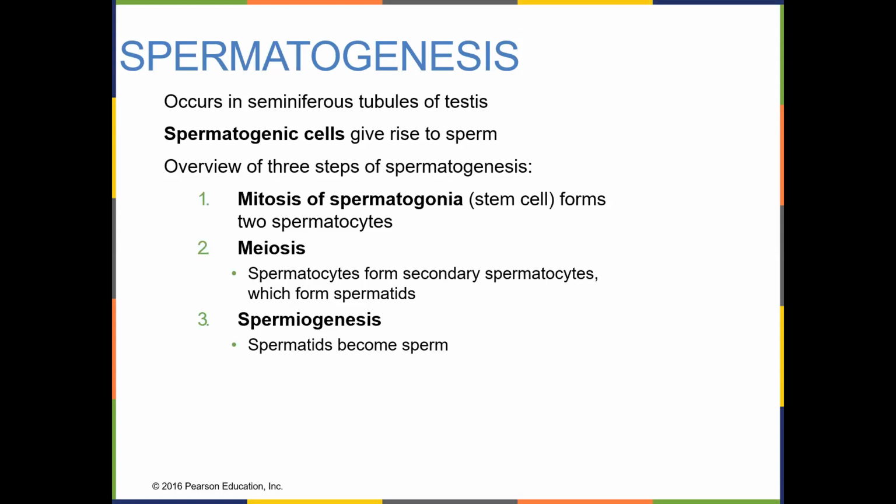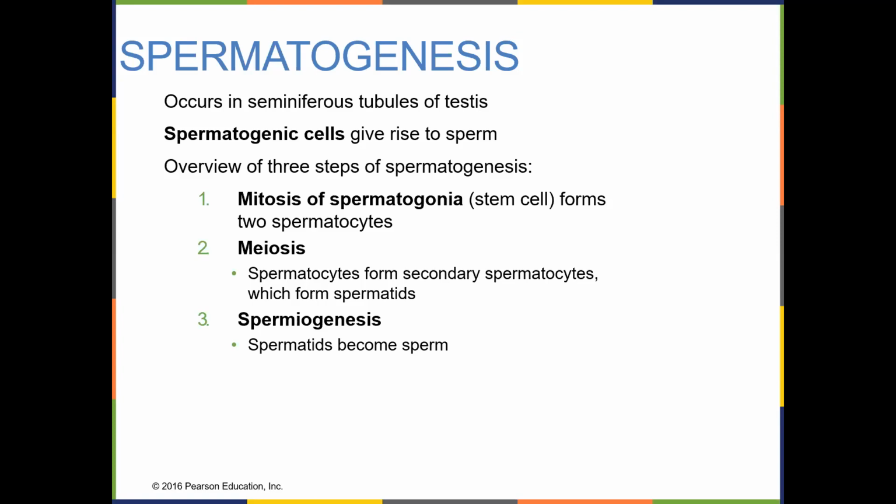These spermatogonia undergo mitosis. Every time a spermatogonia, a stem cell, undergoes mitosis, it gives you 2 new daughter cells, identical to the original cell. One of the daughter cells will stay there. The other will start moving down the pathway to produce sperm cells.